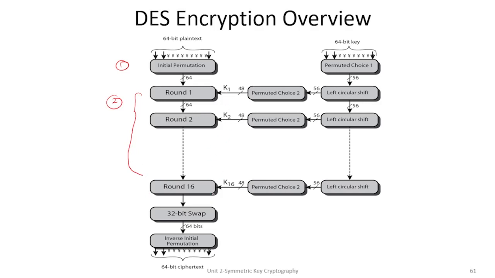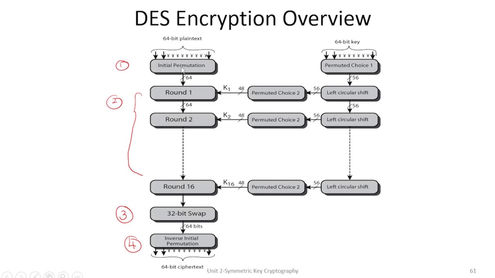Totally 16 subkeys should be generated for 16 rounds. Then after the 16th round, we do a 32-bit swap. After that, the fourth step is the inverse initial permutation. Only then can we get the ciphertext value. So this is a 4-step process. First step, initial permutation. Second step, round function operation. Third step, 32-bit swap. And the fourth step is inverse initial permutation.